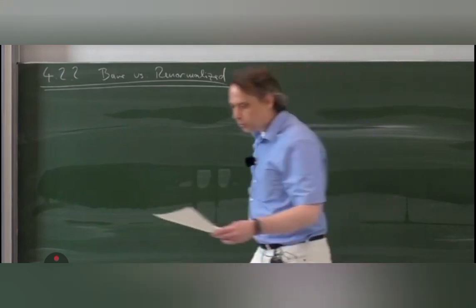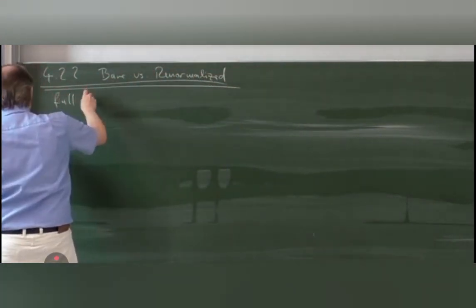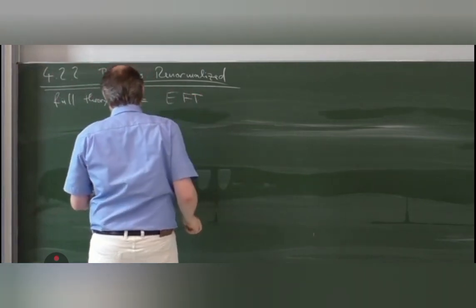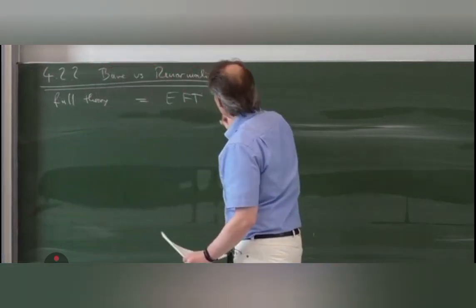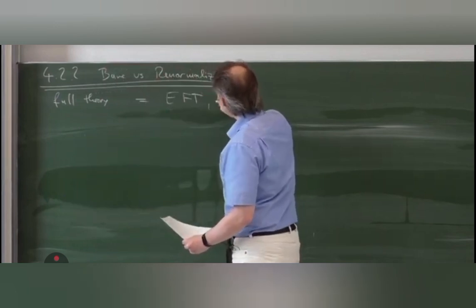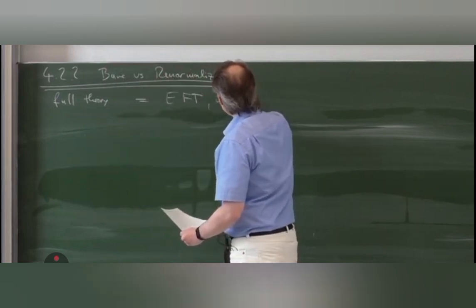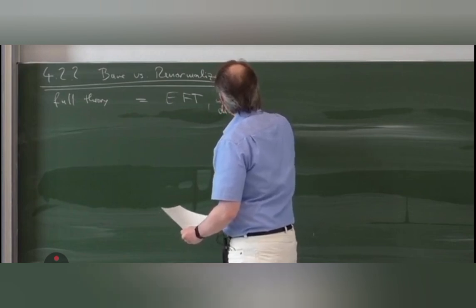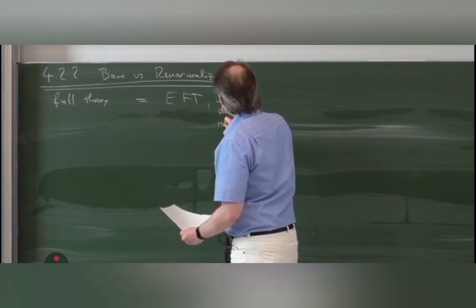So, but let's make this a little bit explicit. So let me write down some illustrations. In the full theory, that should become equal to an EFT. And as I said, the equality should hold including divergences and renormalization.